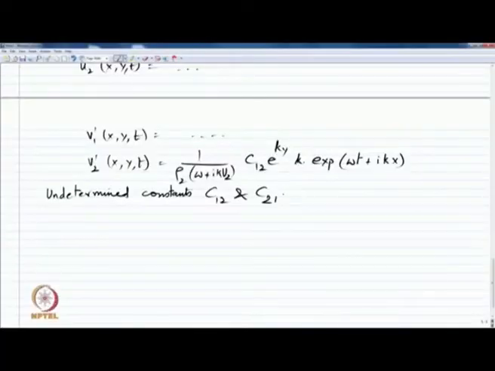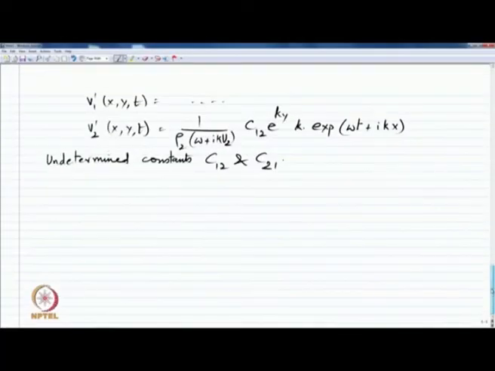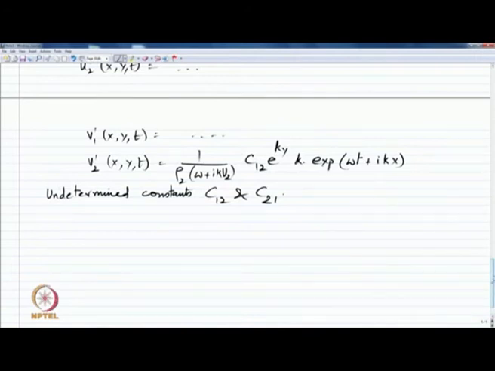Okay. So, let us now write down our kinematic boundary condition.